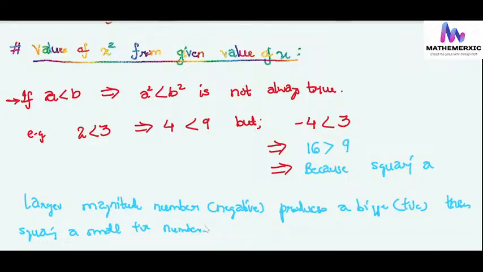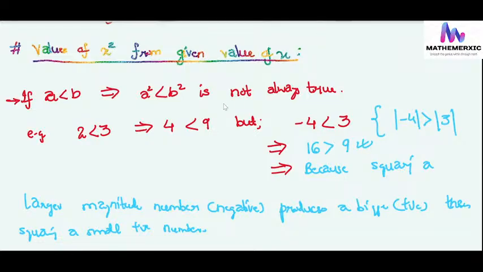This is the concept we can say. Why the sign will change: also here we can write that the absolute value of this is greater than 3. That is the reason why this comes into the picture.